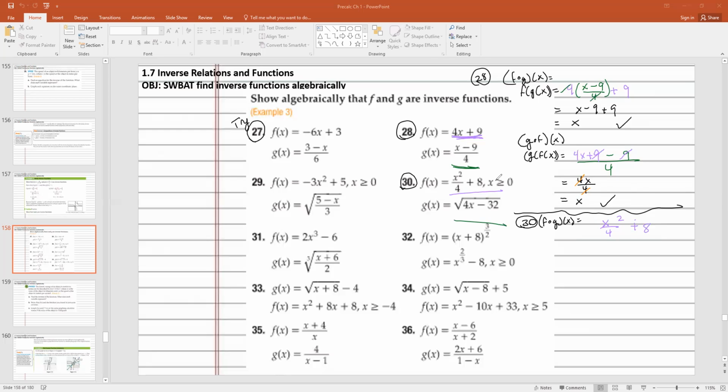And notice our domain is x is greater than or equal to 0. Okay, and we're going to take away that x. And our g of x is square root of 4x minus 32. Now the square root and the square, they cancel each other out. They're opposites. They're inverses of each other.